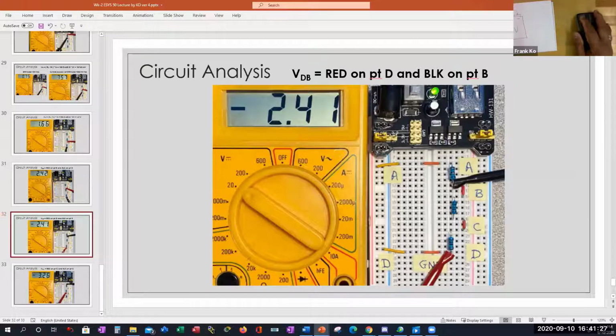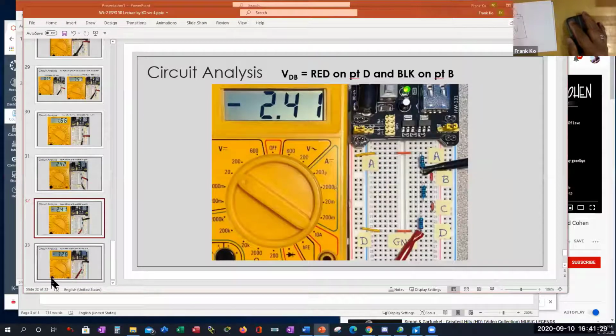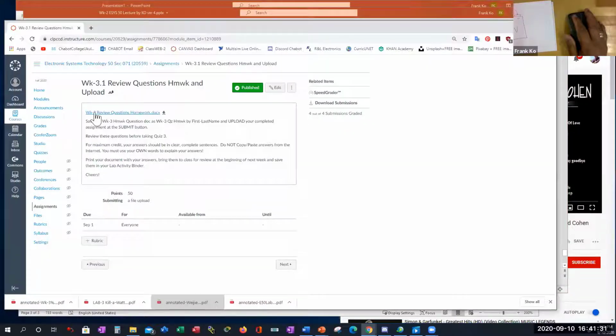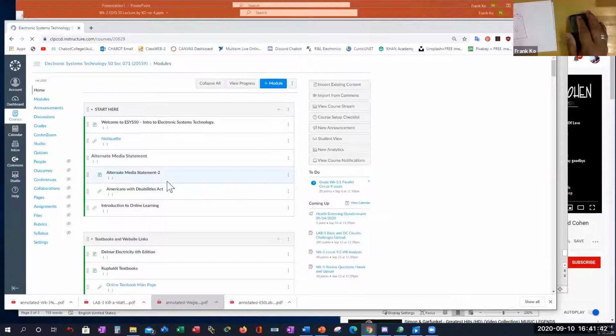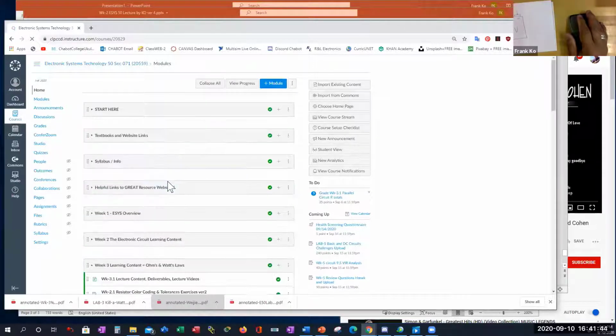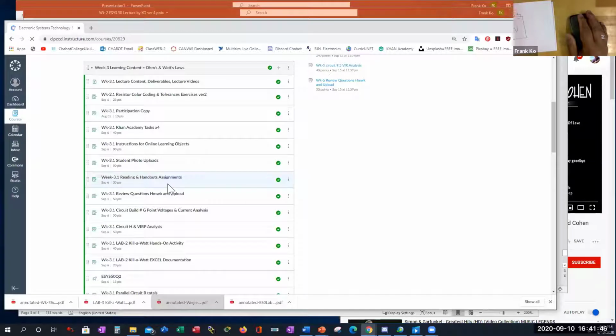in Canvas, and in Canvas, we go to here, give it a moment, let it stabilize, and we have circuit G, point voltage and current analysis.